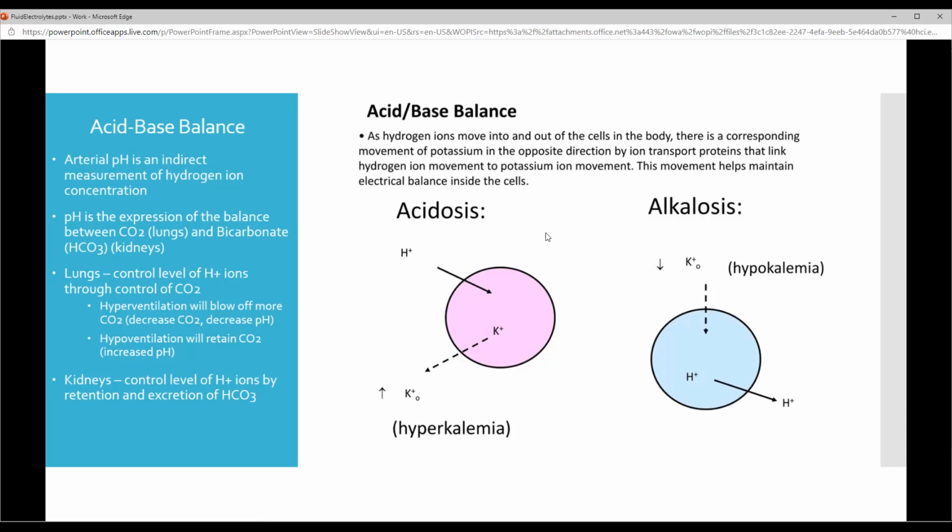So let's talk about different imbalances. If it affects CO2, which is controlled by the lungs, then we know it's a respiratory issue. And if it affects HCO3, bicarb, which is controlled by the kidneys, think about it: the kidneys play an important role in metabolism.